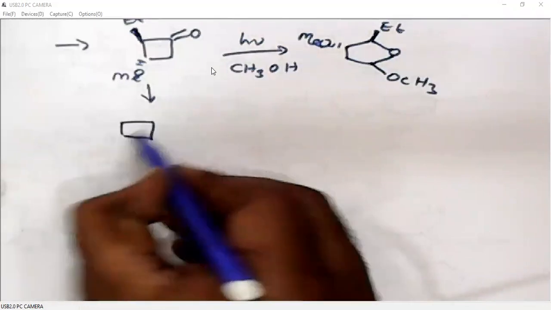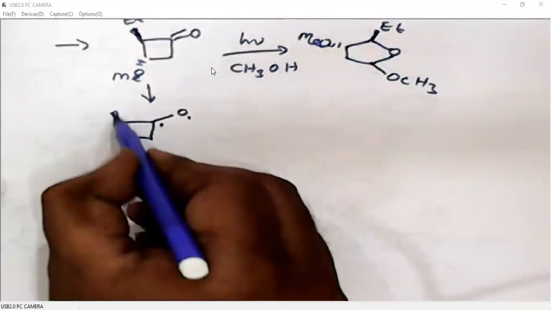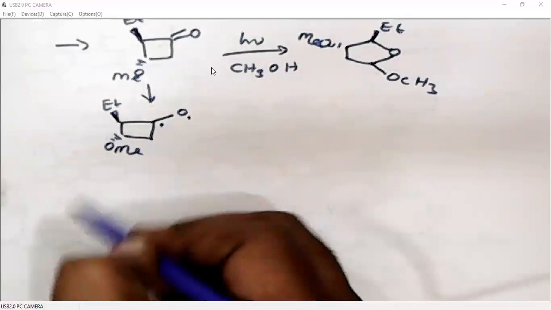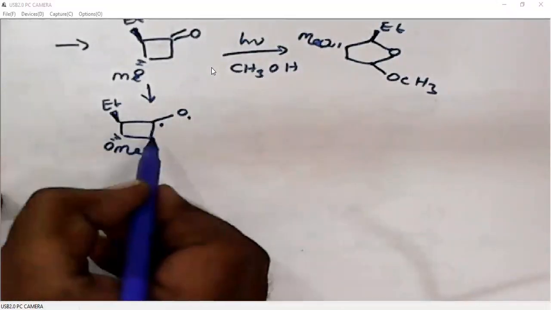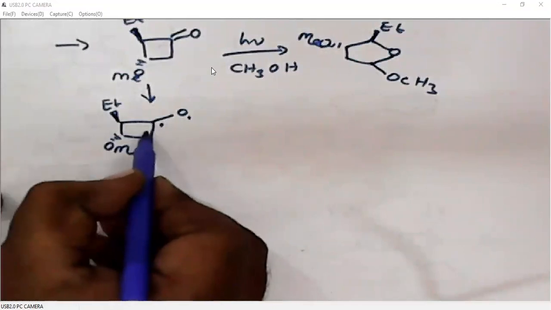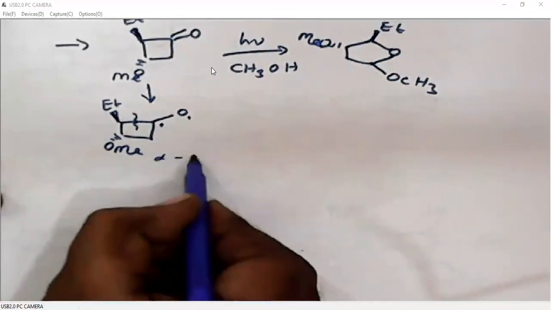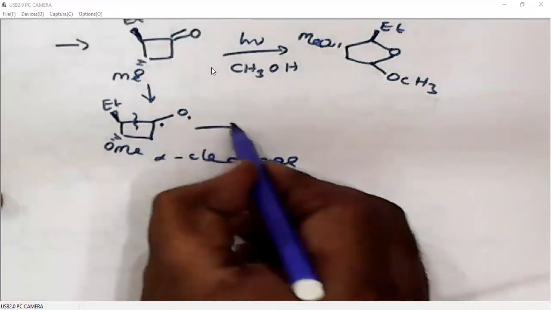How? Of course, under photochemical conditions, first carbonyl will absorb the light, so it generates a diradical. Then it undergoes alpha cleavage. There are two possibilities. This bond can involve in alpha cleavage, or this bond can involve in alpha cleavage.